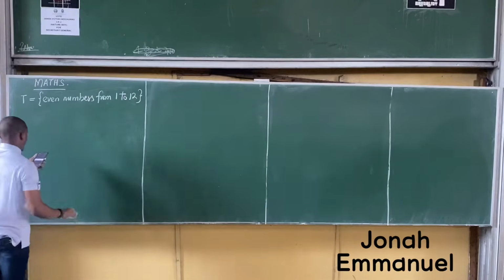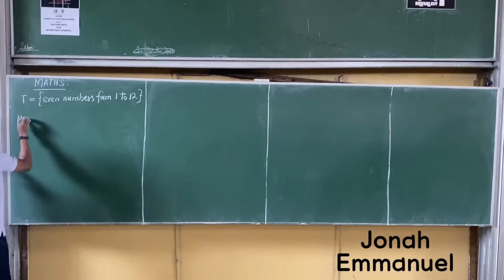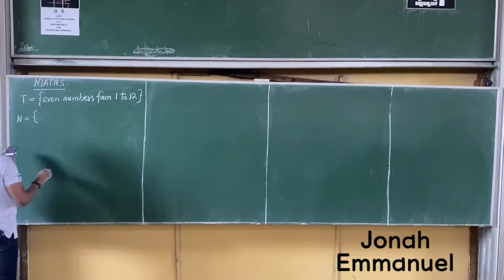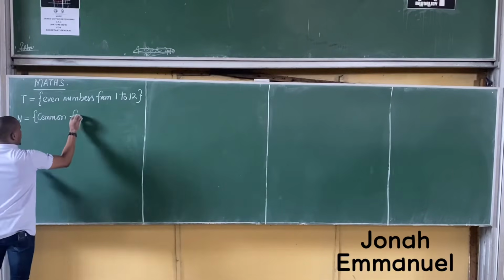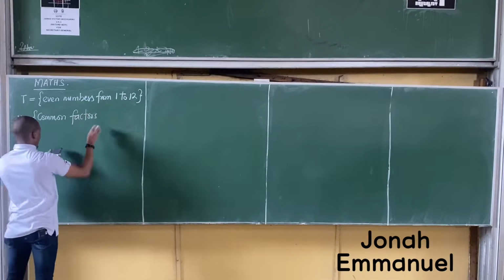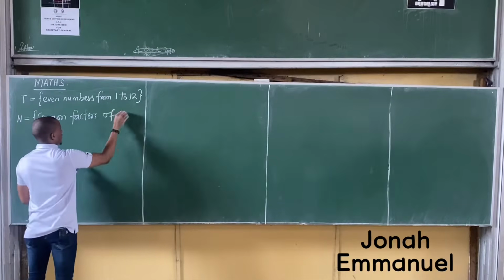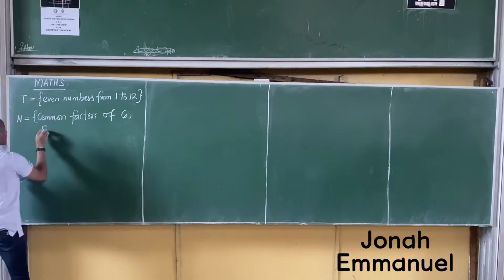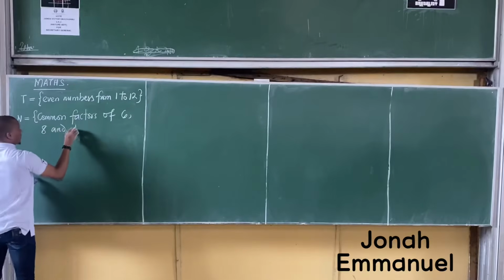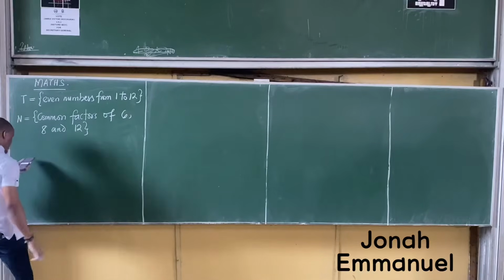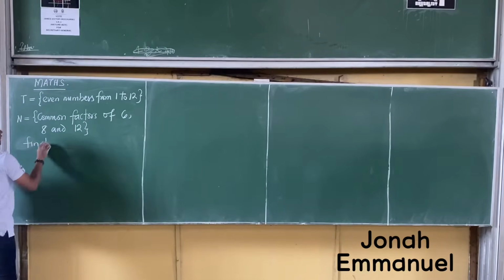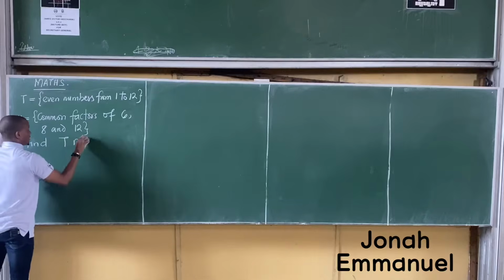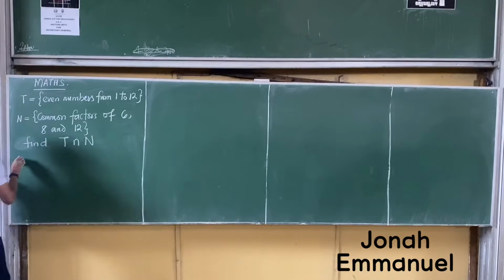That's T. We say N is equal to common factors of 6, 8, and 12. Find T intersection N. Here are your options.